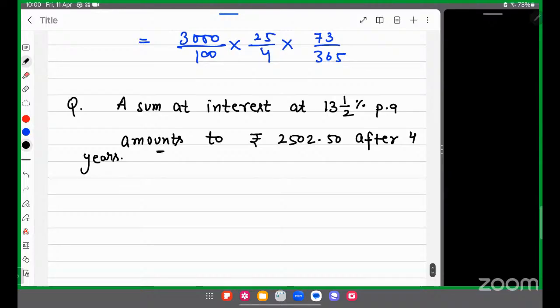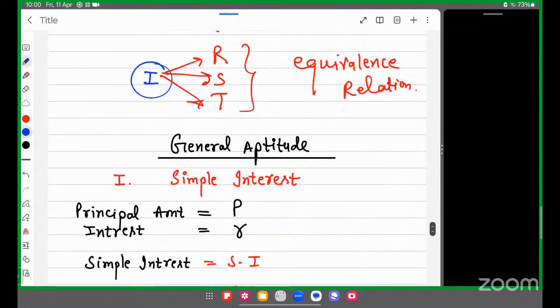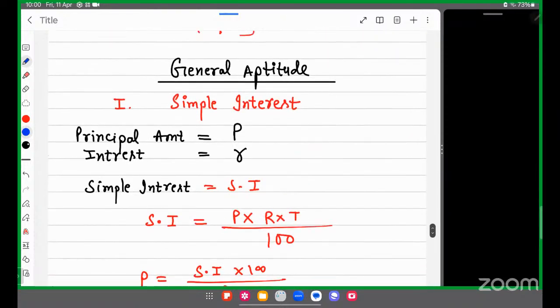Find the sum. Find the sum means find the initial amount that is given on the interest. So in this, P, that is principal amount, is also known as sum sometimes.